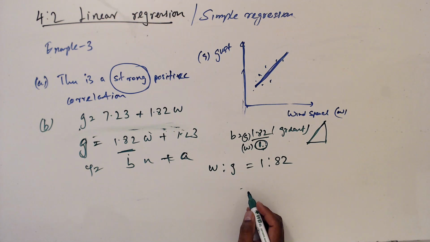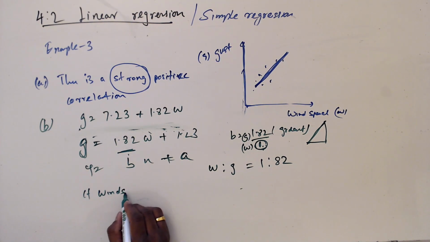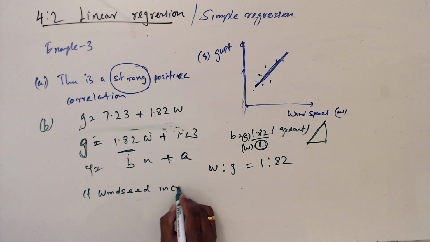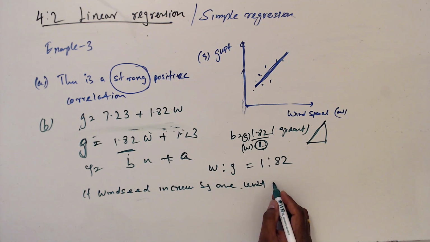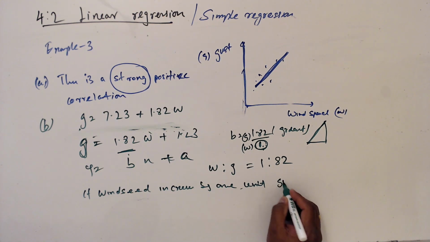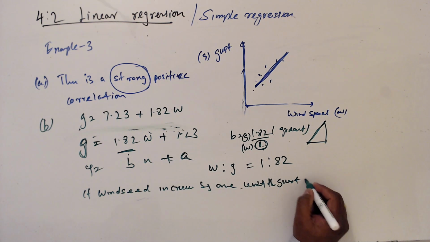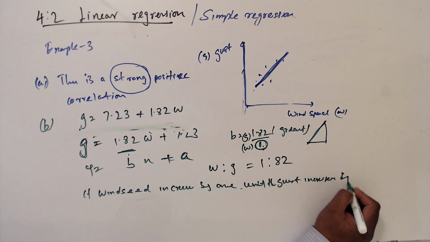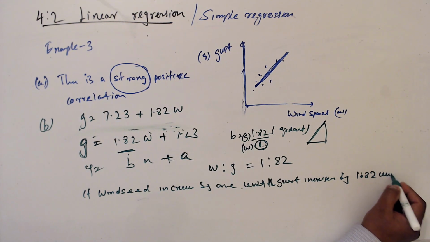If wind speed increases by 1 unit, the gust increases by 1.82 units.